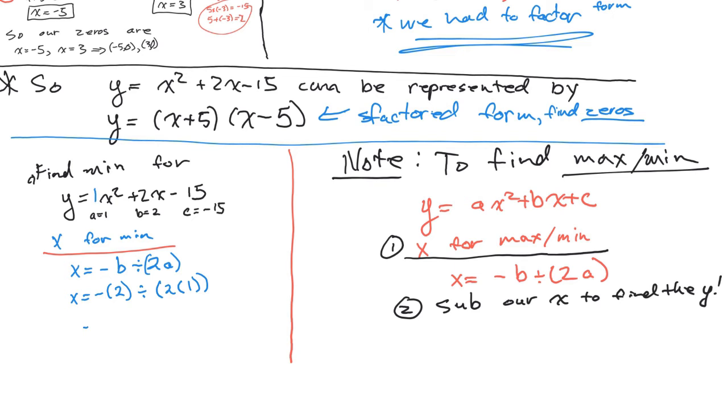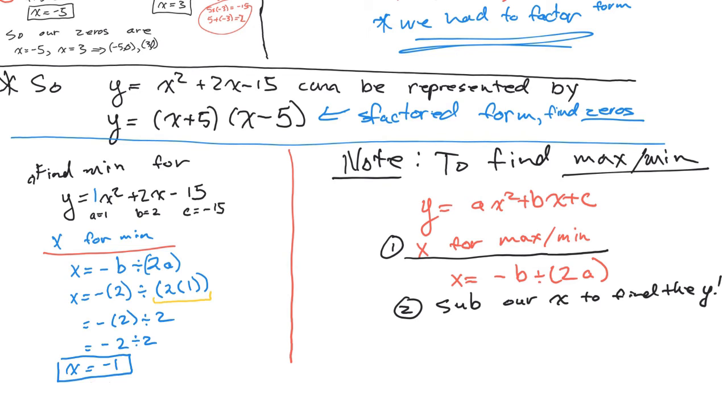If you're doing this by hand, don't punch it in the calculator right away. Just put negative bracket 2, and simplify. 2 times 1 is 2, so we get negative 2 divided by 2, which is negative 1.